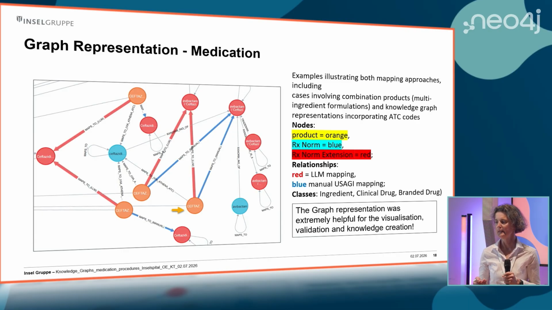The gaps in the mapping sometimes concerned certain ingredient classes and were not distributed evenly.